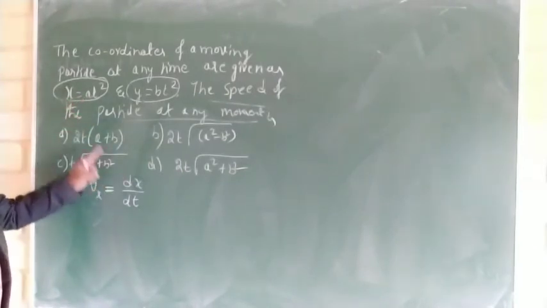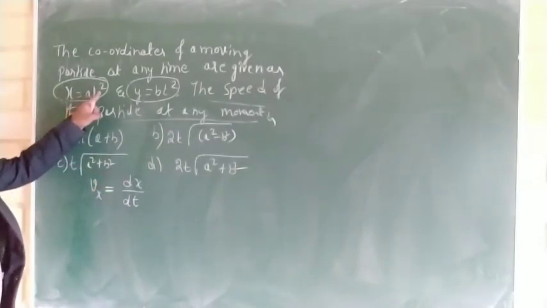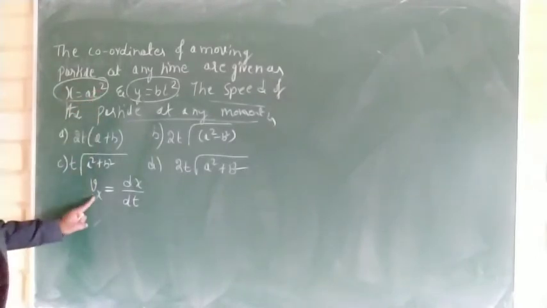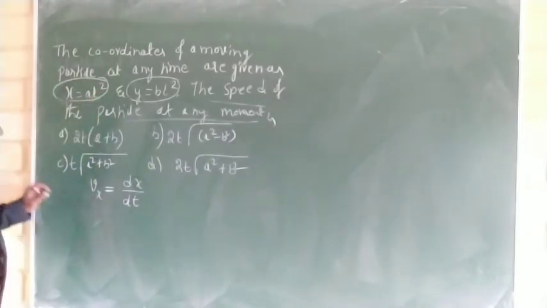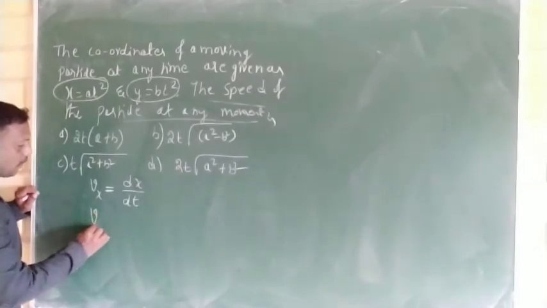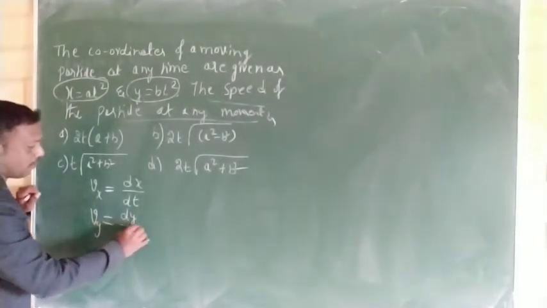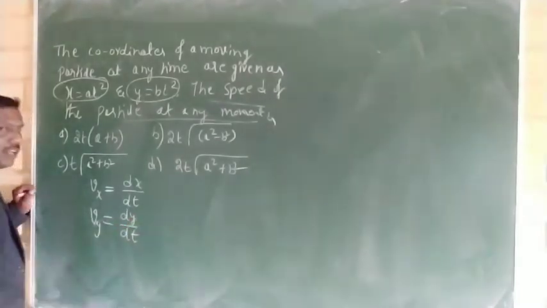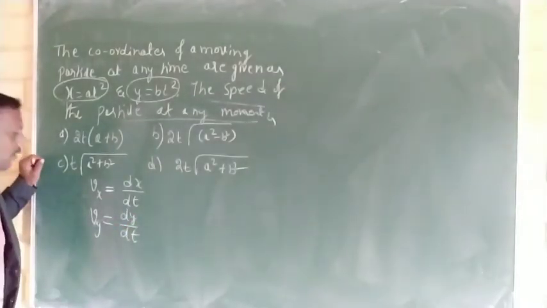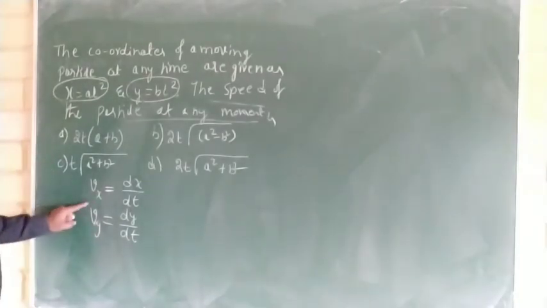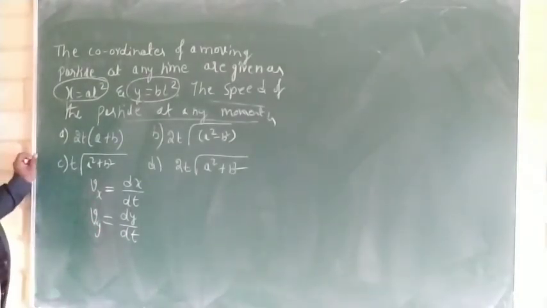Therefore, differentiation of x with respect to time gives velocity along the x axis. Similarly, velocity of the particle along the y axis can be written as dy divided by dt. Differentiation of the distance along the y axis gives velocity along the y axis.